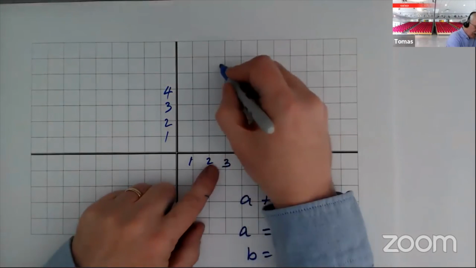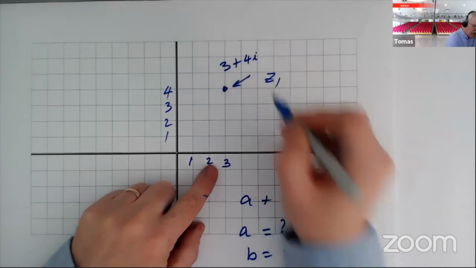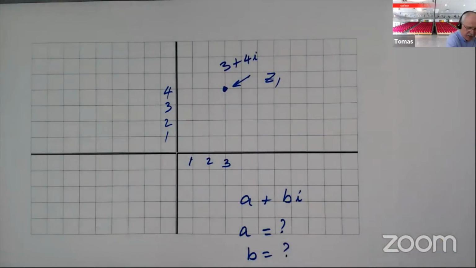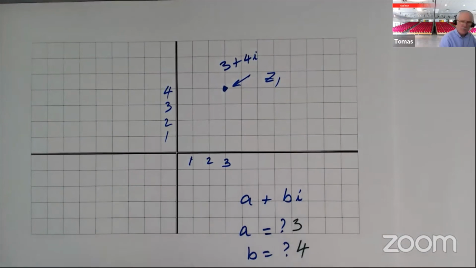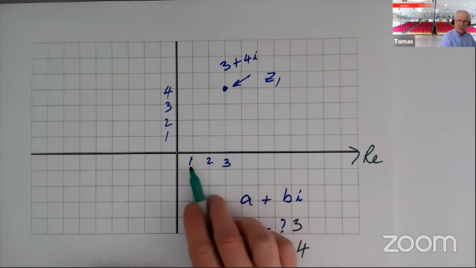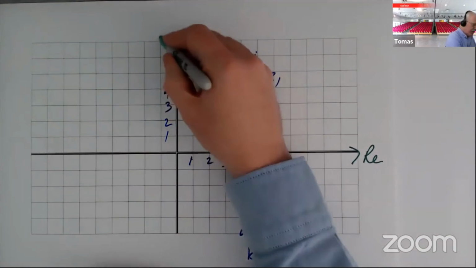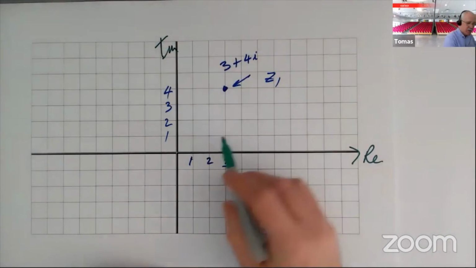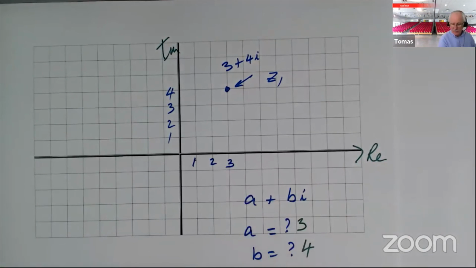And it's 3 plus 4I. So the answer was 3 and 4. What you had to do there was remember that the real bit was first, just like the X, and the imaginary bit was here, and that was 3 plus 4I.